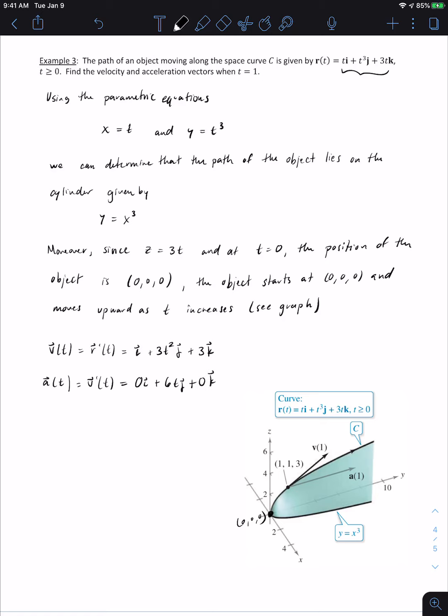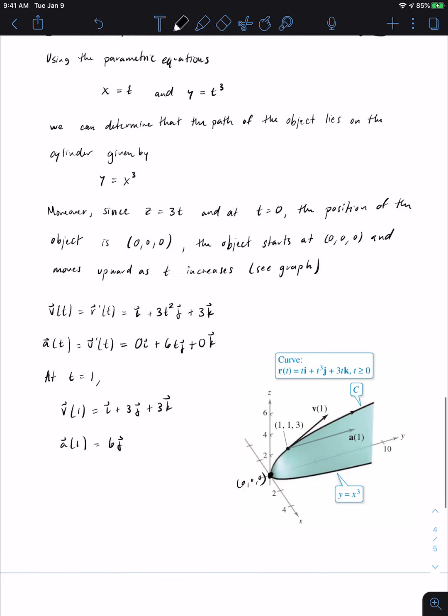So at t equals 1, my velocity vector looks like i plus 3j plus 3k, and my acceleration, well, we plugged in 1, so it just looks like 6j. That's what they are, and that's what the question asks for.